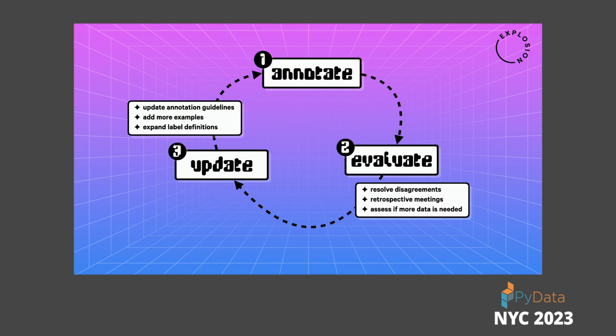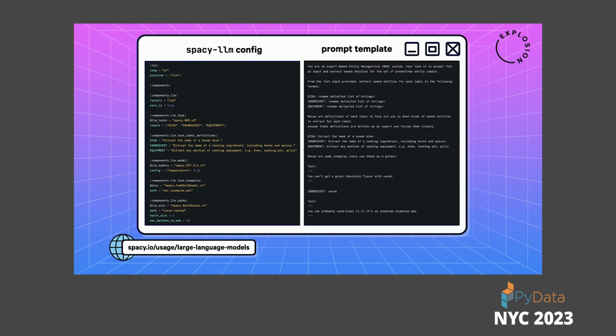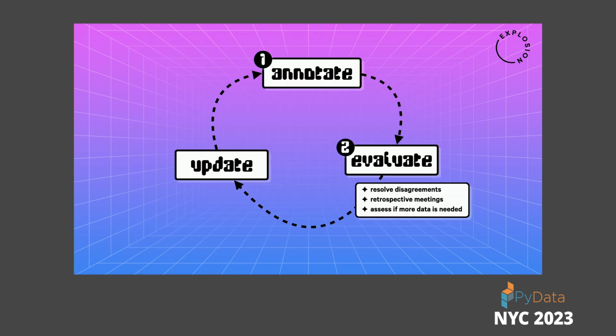But then the third part is, now that we've had those discussions, if you were to put this into a project moving forward, you then might want to update your annotation guidelines. Maybe it's a document where you put those 5 examples along with the definitions so any new annotators can learn from those examples.